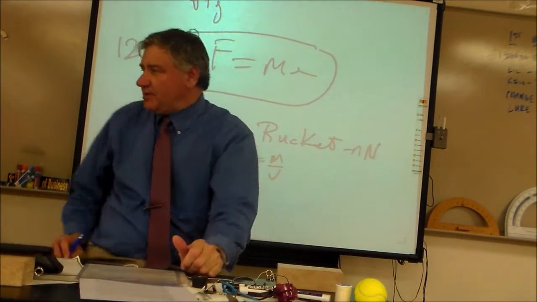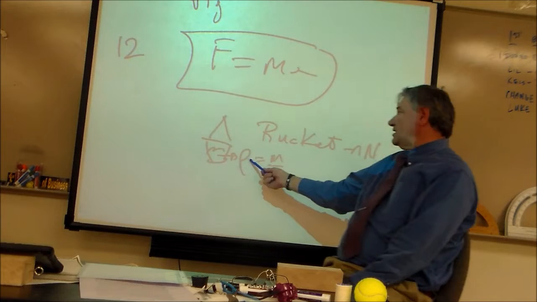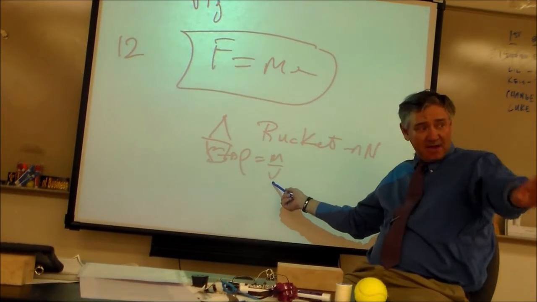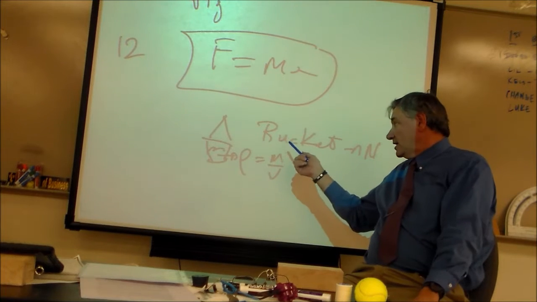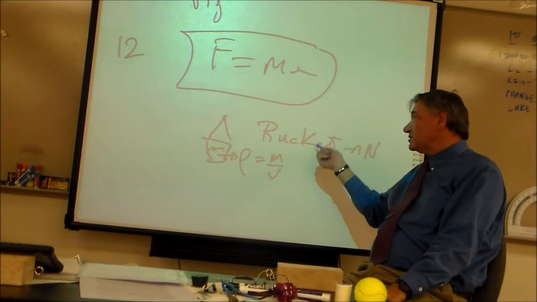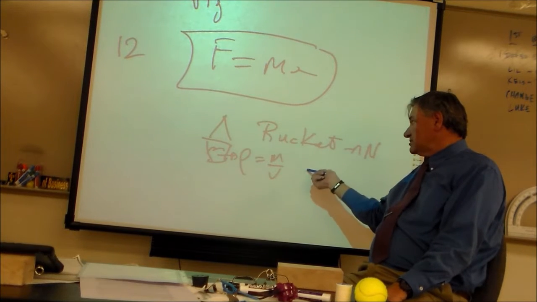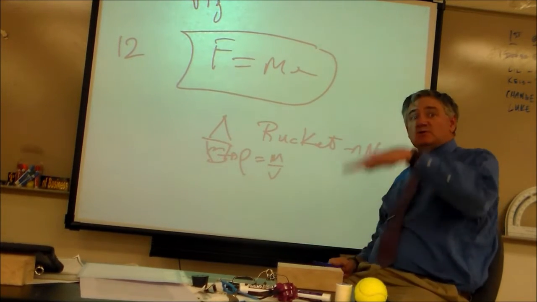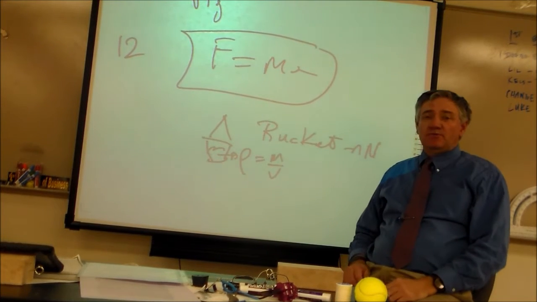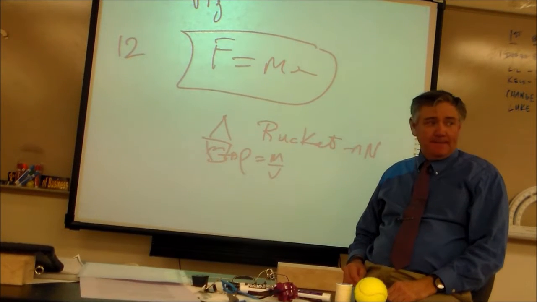So I gave you the density and I gave you the volume. So you can multiply those two numbers together to get the mass of the dirt. Then take the mass of the dirt times g, that's going to get you the weight of the dirt. Add those two numbers together, the bucket plus the dirt, multiply that by the height. There's the work that you're going to do.